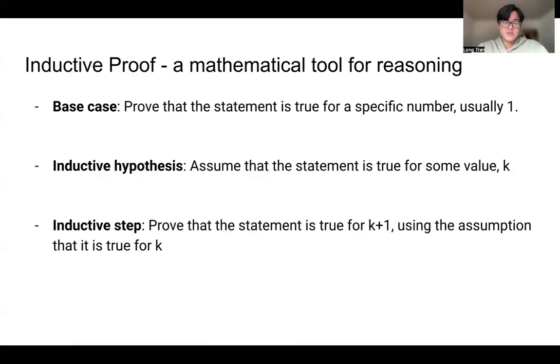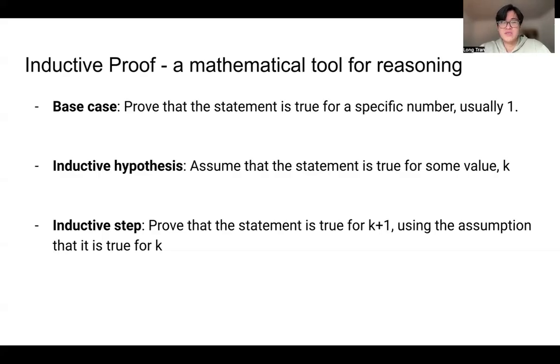Being in the course of algorithms, we're trying to teach you how to prove every algorithm that we introduce. Inductive proof is a mathematical tool for reasoning, and it is a very useful tool for proving the correctness of every recursive function. Let's go through it. An inductive proof has three parts. First, the base case: we prove that the statement is true for a specific number, usually one.